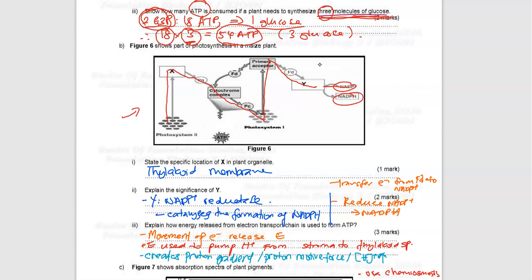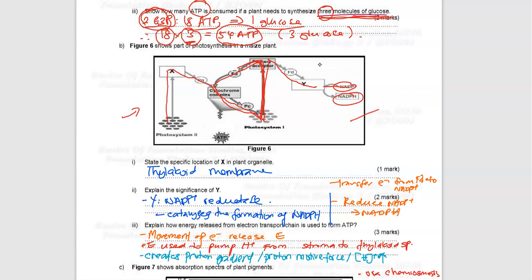It also gives you the flow of electron if the electron flows in a cyclic flow, cyclic photophosphorylation, which is from photosystem 1 to primary electron acceptor, to ferredoxin, to cytochrome complex, to plastocyanin, and back to photosystem 1.